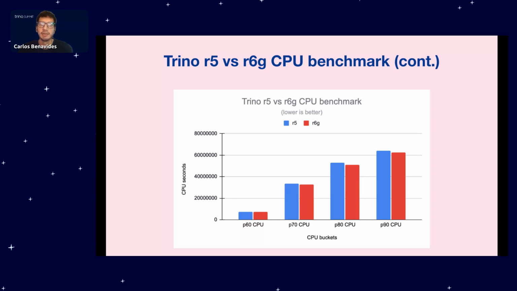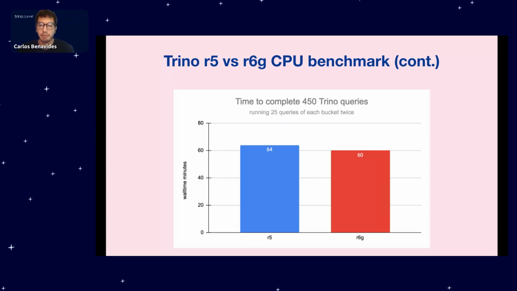For queries from the 60th percentile to the 90th percentile, we observed a CPU improvement of around 4 to 5%. So using R6G instances led us to believe that for inexpensive queries, we'll see a small regression, but for more CPU expensive queries, we'll see an improvement switching to this new instance type.